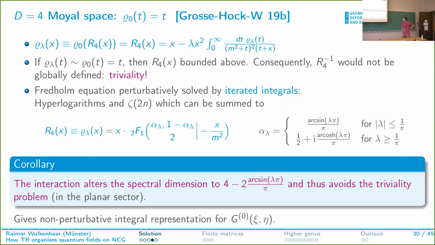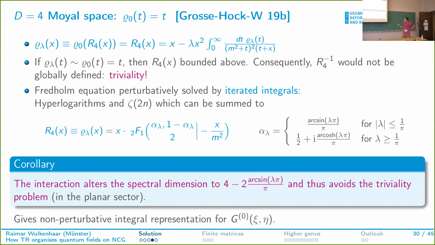But things are nice. It turns out you can solve this equation. There are various techniques by summation of integrals. The nice thing, you get so-called hyperlogarithms in 2 letters, 0 and -1, and even Riemann zeta values. And the strange thing is the even Riemann zeta values combine to the arcsine function.